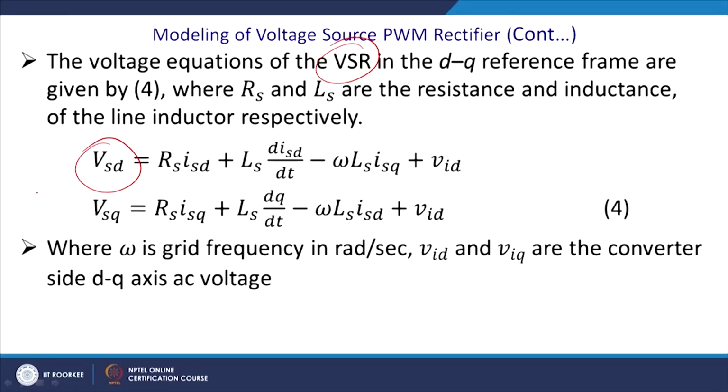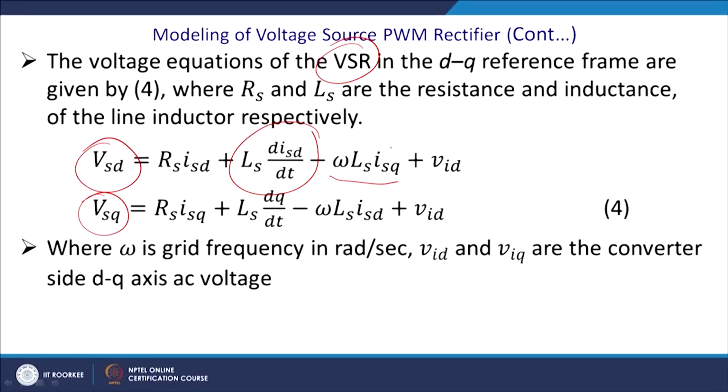So, Vsd can be represented by Rs Isd plus Ls dIsd/dt. Please understand, I was telling it looks like DC, but it is not DC. For this reason this term will survive, and similarly minus omega Ls Isq plus Vid. Similarly, you get Vsq equal to Rs Isq plus Ls dIsq/dt plus omega Ls Isd plus Viq.